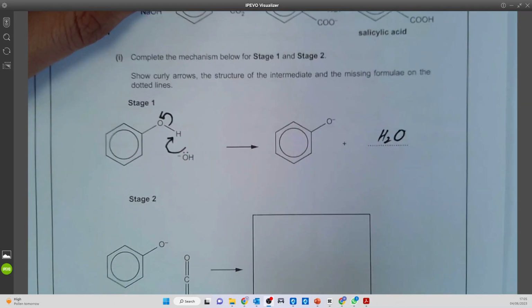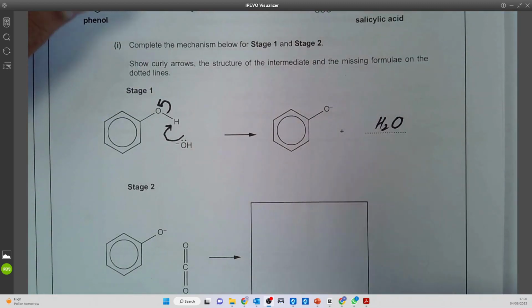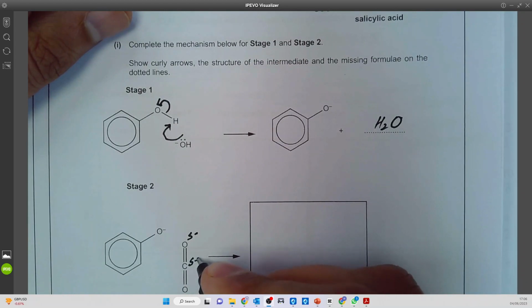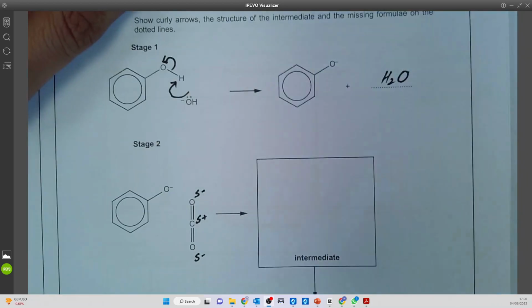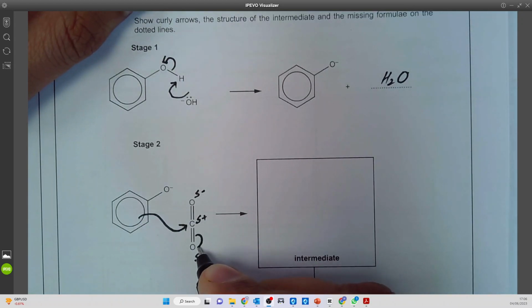Once you've got this, the next bit is about the reaction of the ring. So what will happen in this case? I can see this is delta minus, this is delta minus, this is delta plus, so it is electron deficient. So it can accept electrons from the ring. These electrons will go to this oxygen.